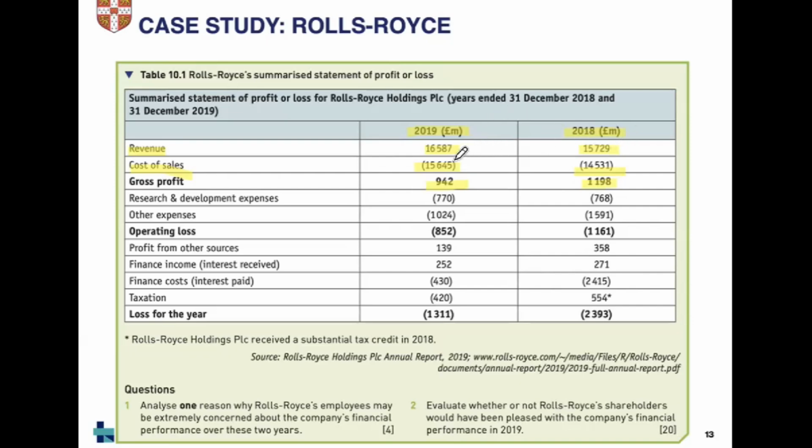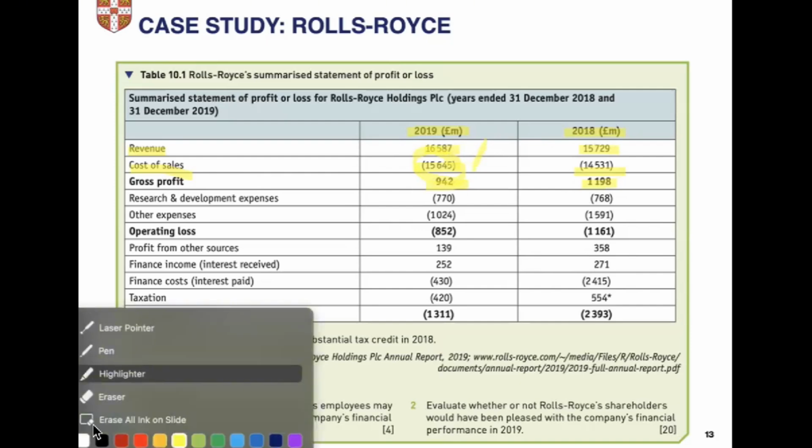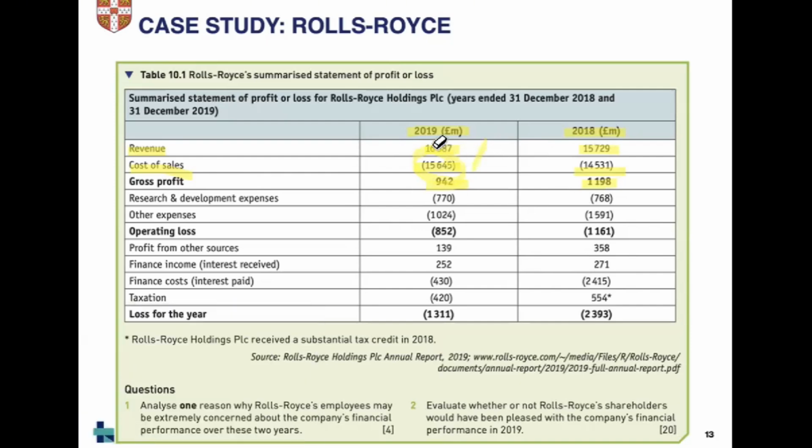So this probably is accounting for the reason why the cost of sales is increasing in this year. The cost of sales is increasing in 2019. Do you understand what I mean?